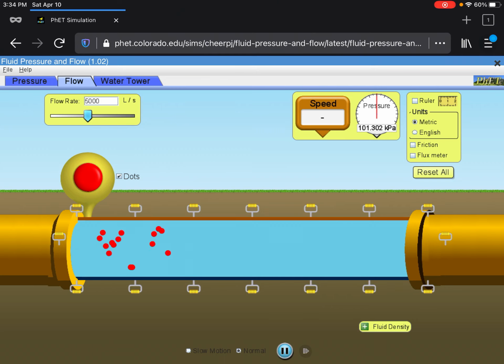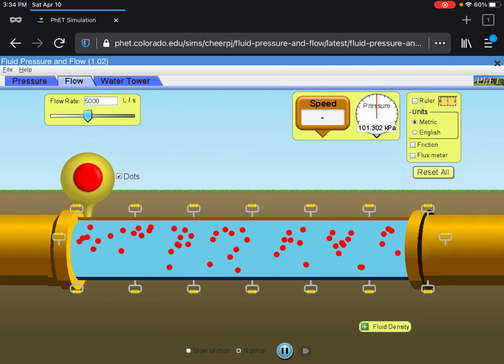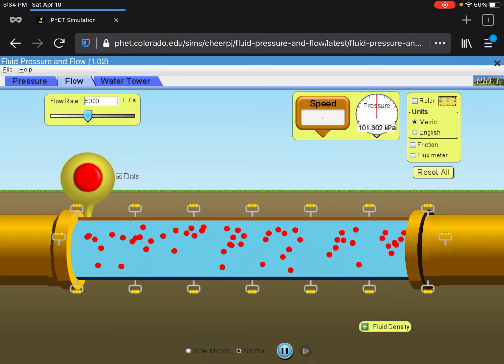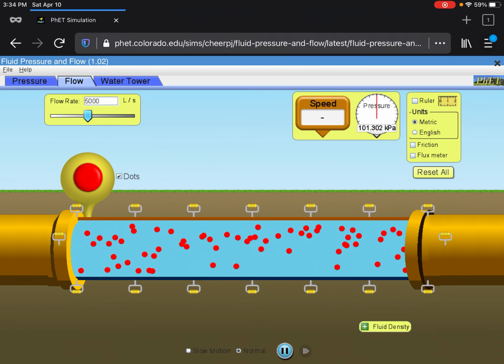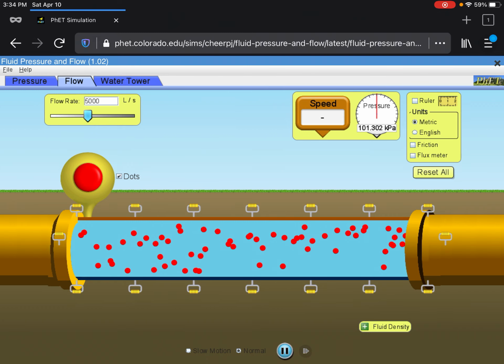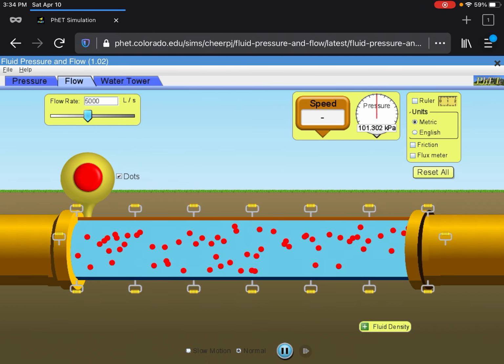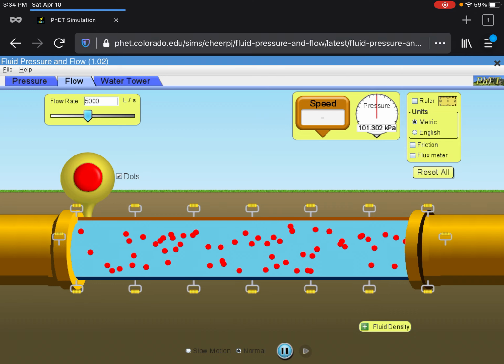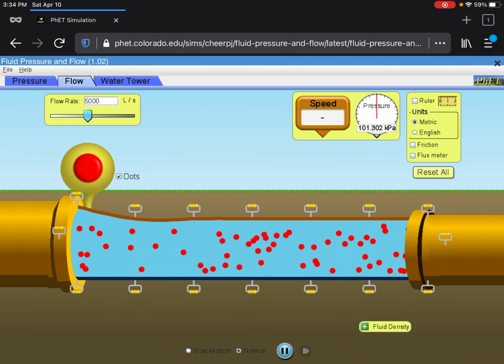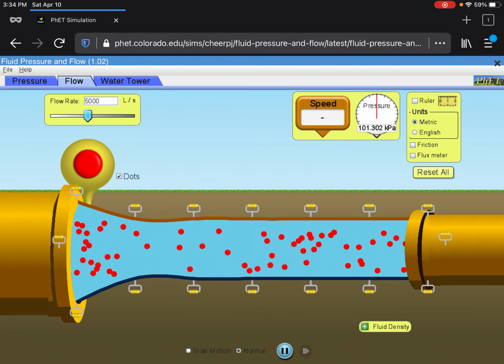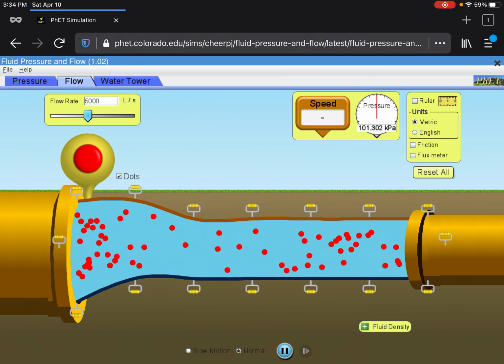All right, so here is water flowing through a pipe, and again, this is inviscid flow, so there's no friction, and we've got this fluid flowing through the pipe. And you can see the little red dots are moving along in the fluid with the fluid. But what I want to do is make one part of this pipe bigger. So let's make the opening of the pipe large.